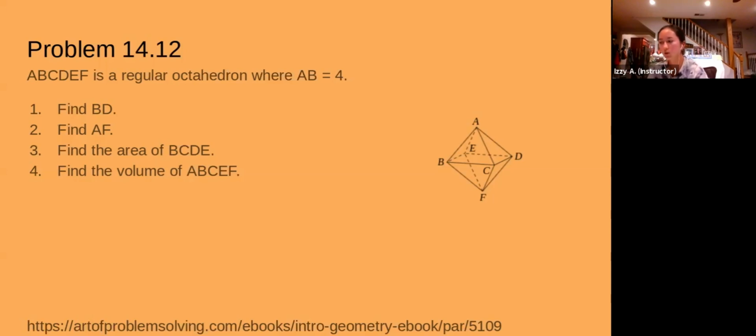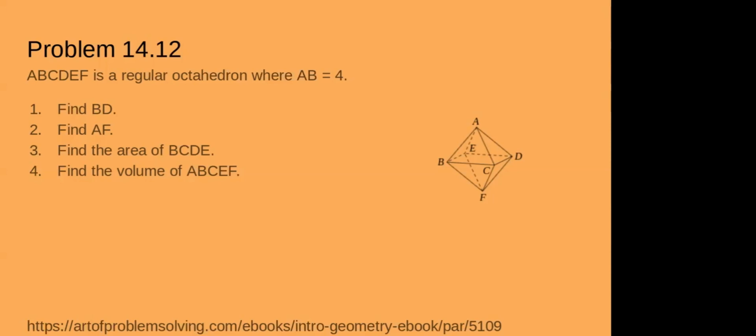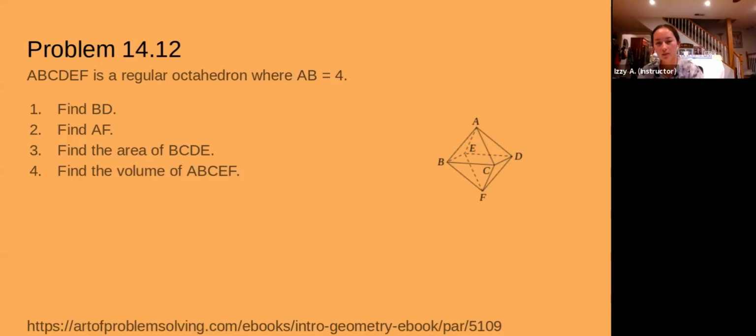So AF is going to be equal to BD, and that's going to be 4 times the square root of 2. BCDE is going to be a square with side length 4, so that's 4 squared, which is equal to 16.